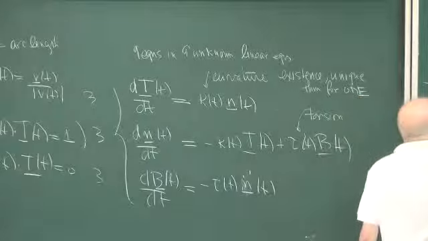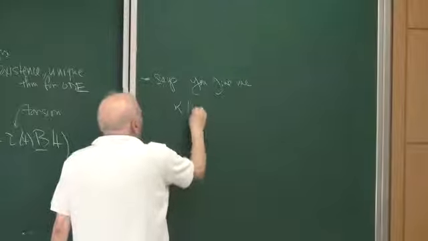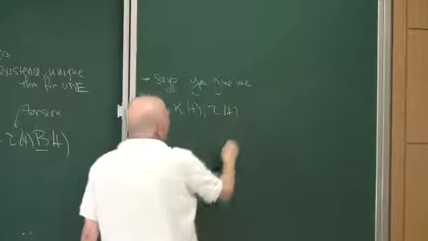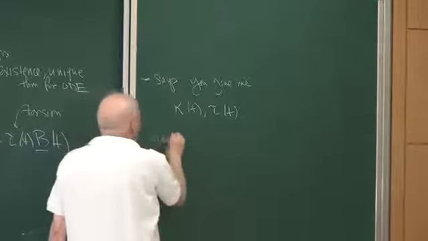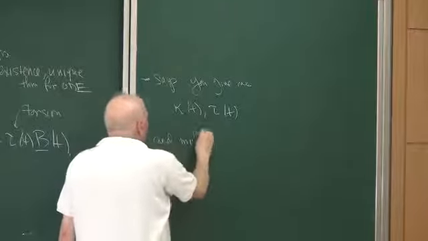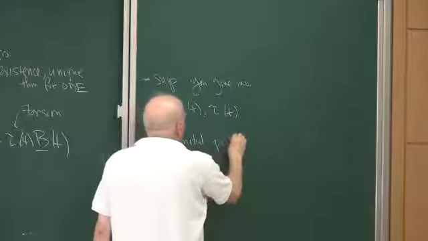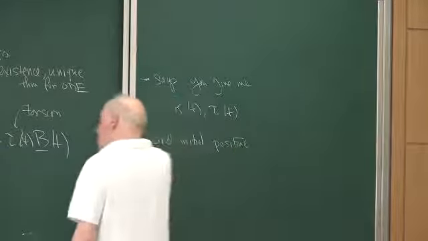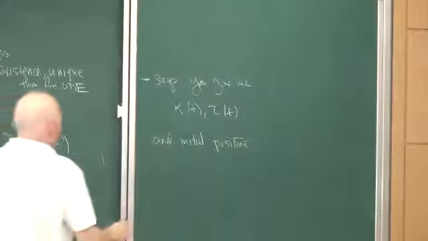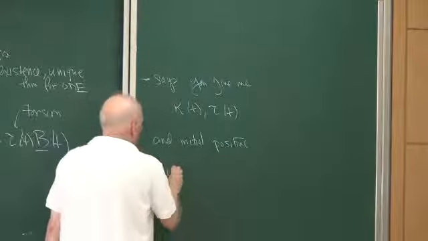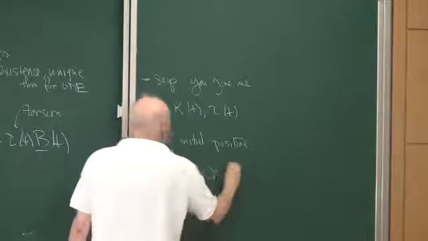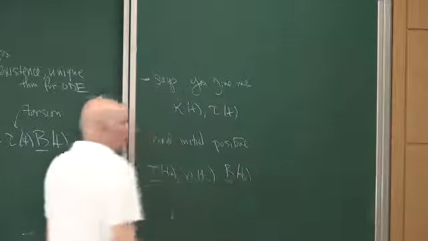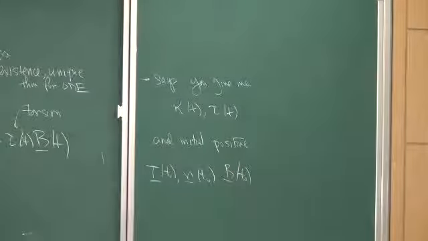You give me two functions, the curvature and the torsion, and an initial position: T, n, and b at t equals 0.